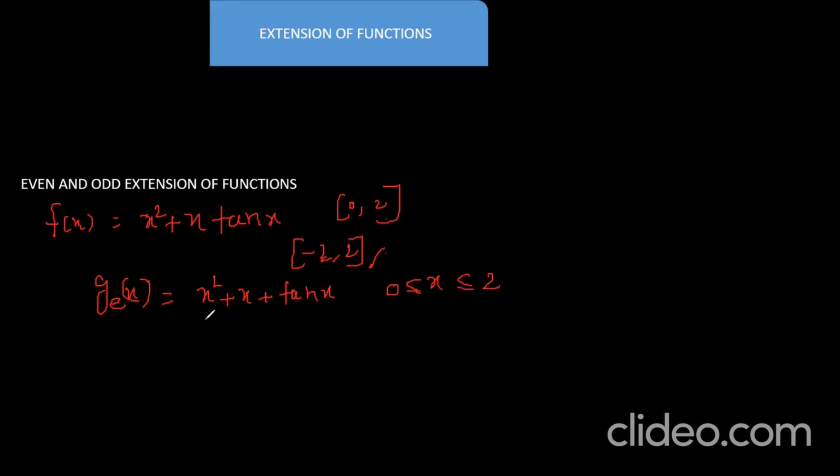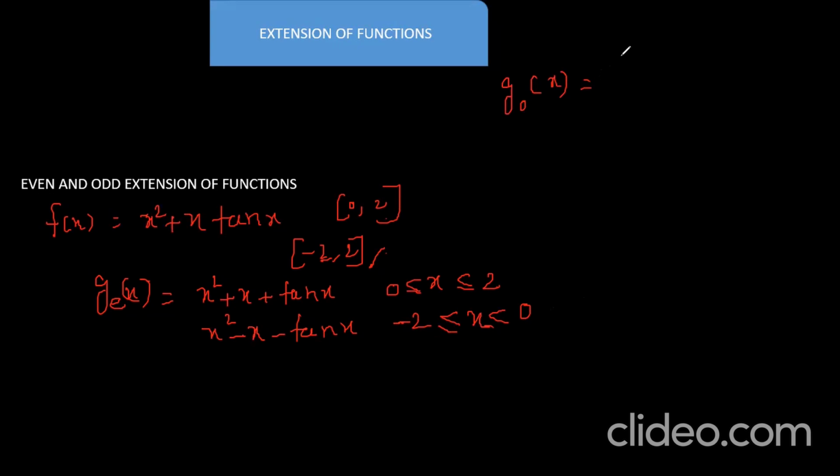Similarly, between 0 and 2 we got, and between minus 2 and 0 also, x square minus x tan x. Okay, this is going to be minus 2 less than or equal to x less than 0. This is equal to g e of x. Similarly, g o of x, the odd function extension.